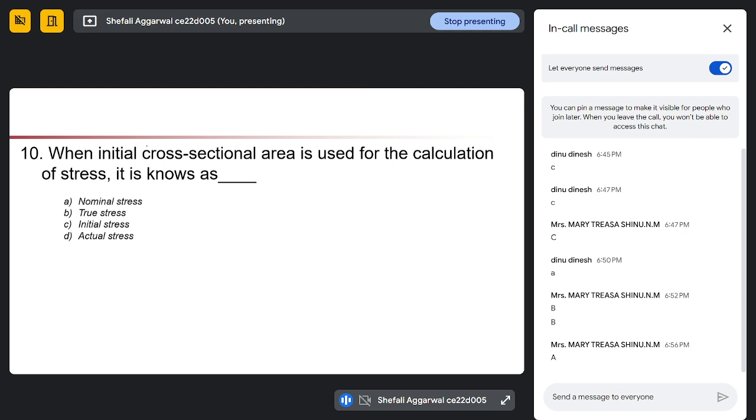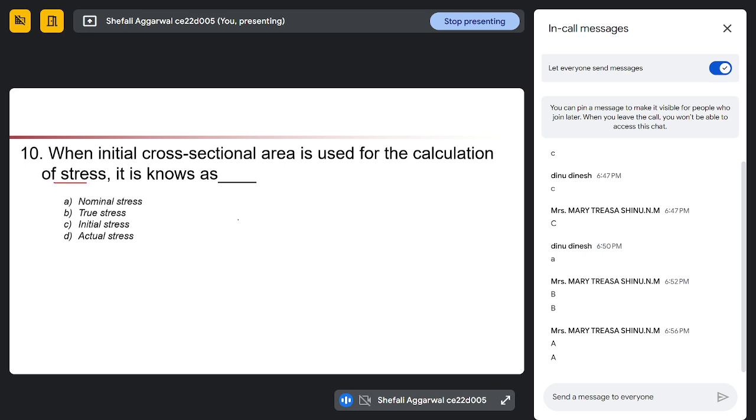The next question is, when the initial cross-sectional area is used for the calculation of stress, it is known as nominal stress, true stress, initial stress, or actual stress. When we are calculating stress, stress is load upon area. So A is the correct answer.